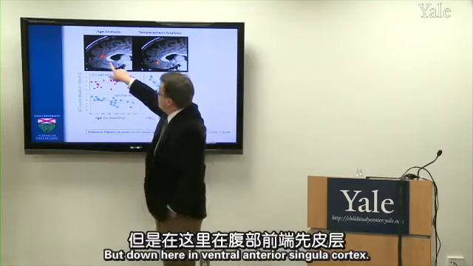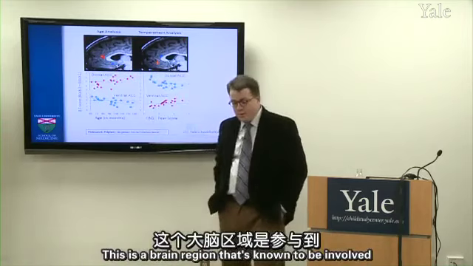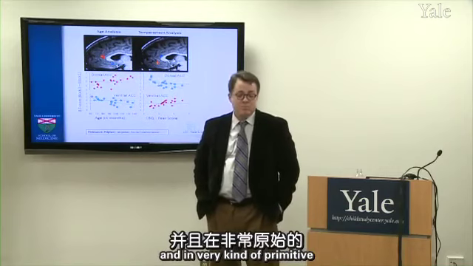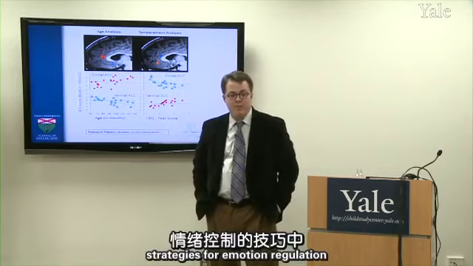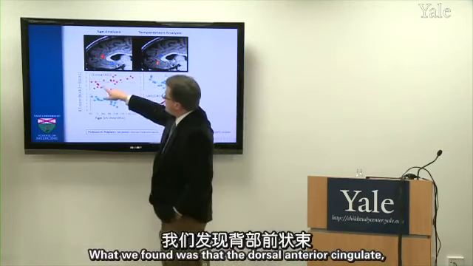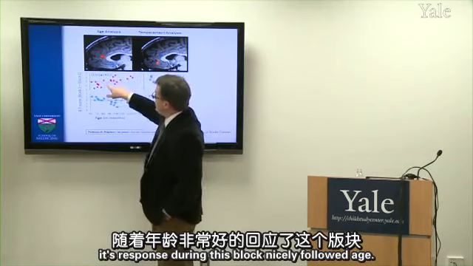But down here in ventral anterior cingulate cortex, this is a brain region that's known to be involved in the experience of negative emotion and in very primitive strategies for emotion regulation. And what we found was that the dorsal anterior cingulate, its response during this block, nicely followed age.